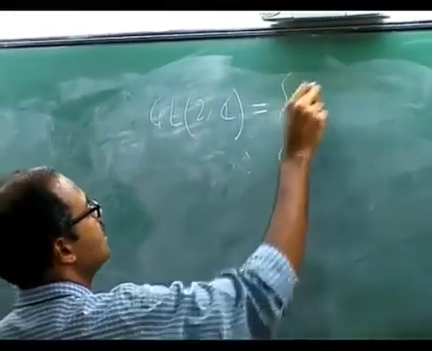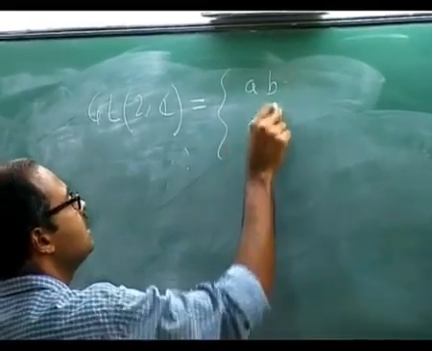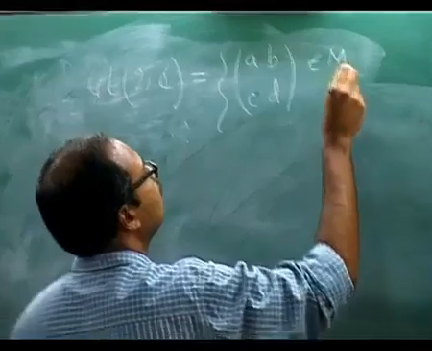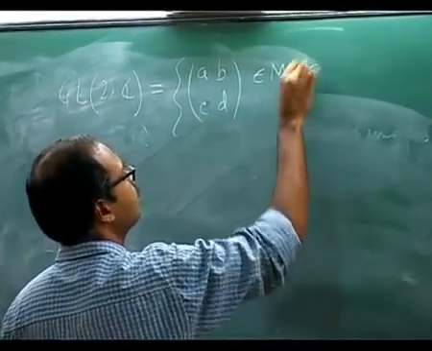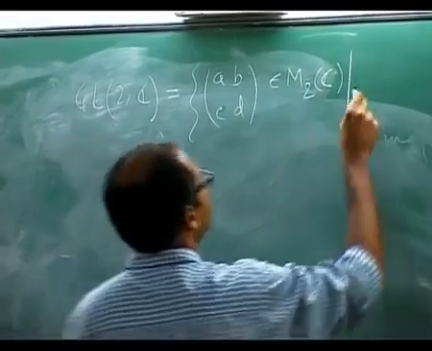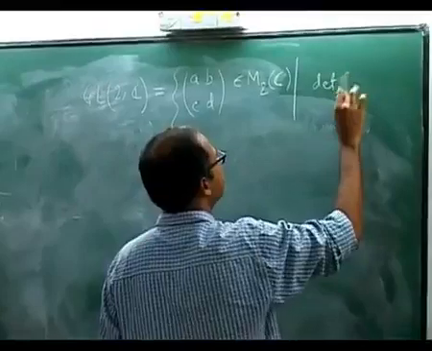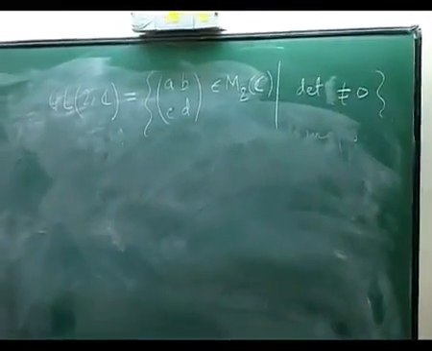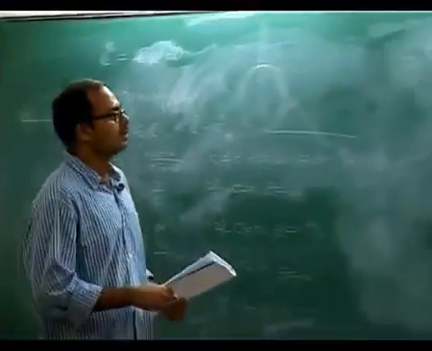GL2C is the group of 2 by 2 matrices in M2C with a non-zero determinant. So that is exactly this condition. This is exactly the condition that the determinant is non-zero.